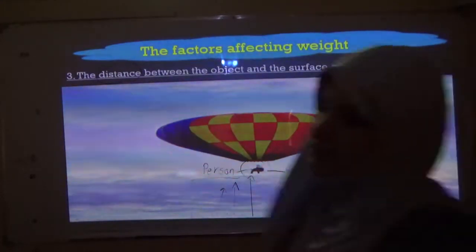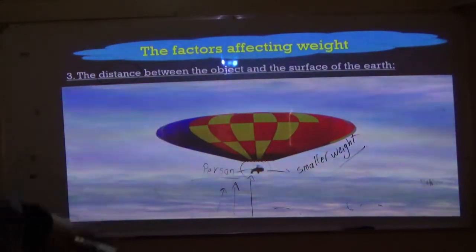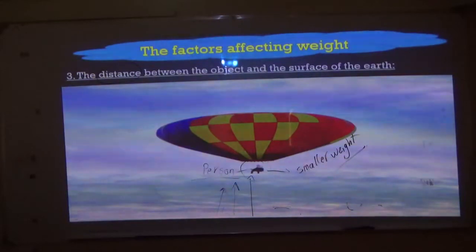So the weight of a person in a flying balloon is smaller than the weight of the same person on the surface of the Earth. On the surface of the Earth, he is more attracted to the center of the Earth. But when he moves up, the control of the gravity will be decreased.